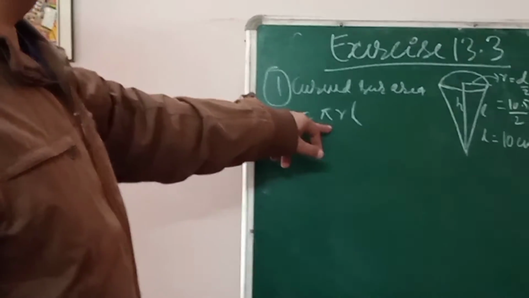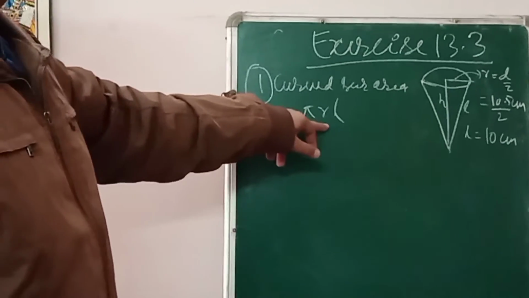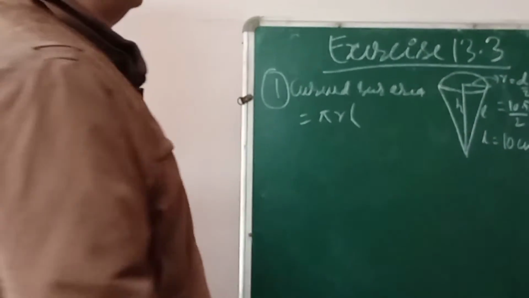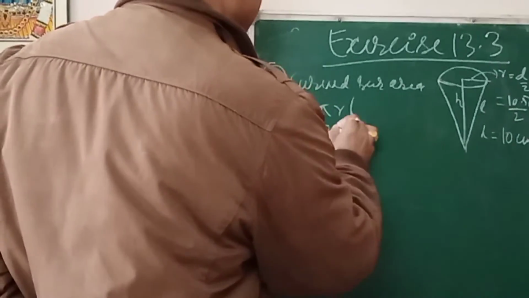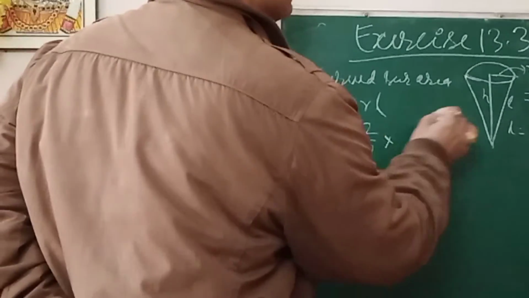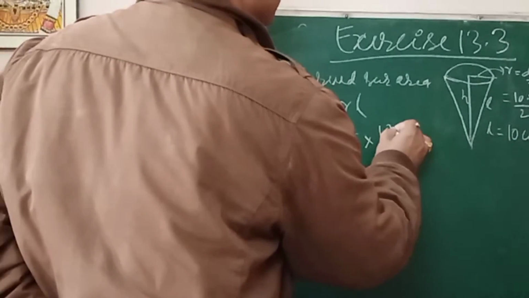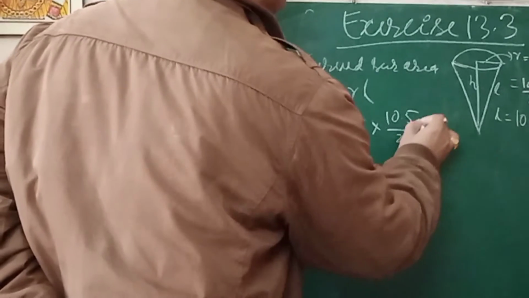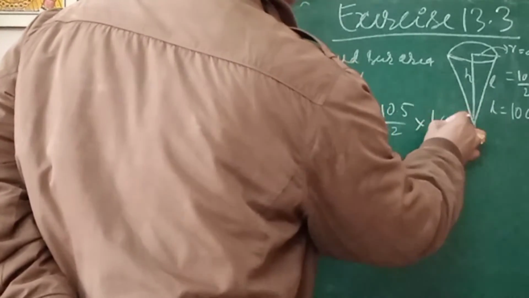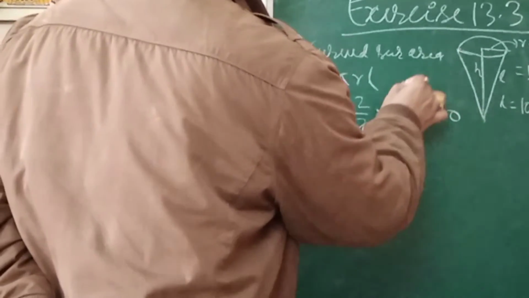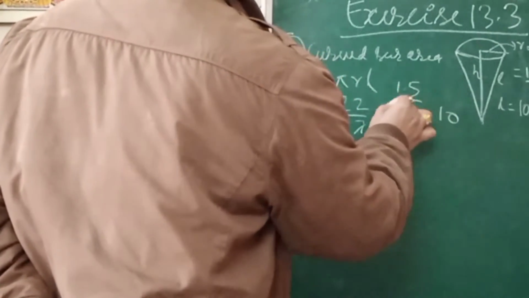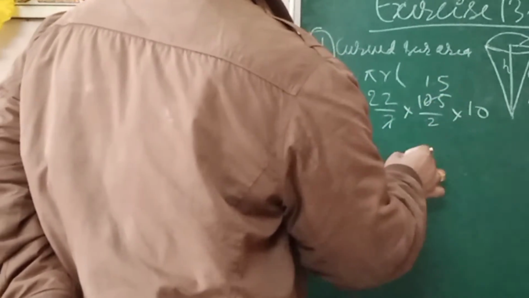We get curved surface area by pi r L. So putting the values, 22 upon 7 in place of r, 10.5 divided by 2, and in place of L, this is 10. This is 1.5, 7 1s are 7 and 7 5s are 35.